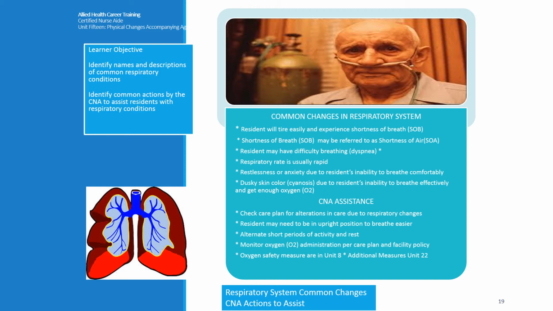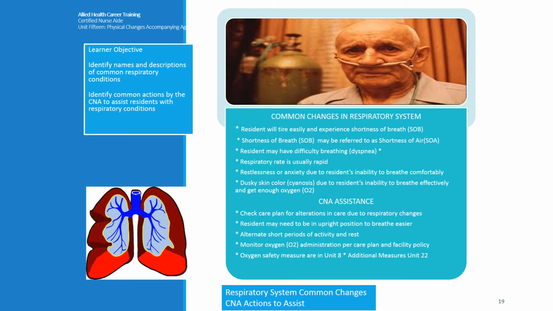Sometimes with that rapid breathing, it may actually be shallow, or you have such rapid breathing that your lungs don't fully expand and you don't get enough air in anyway. So it's kind of like a vicious cycle with that. So you may have restlessness or anxiety due to the inability to breathe comfortably.